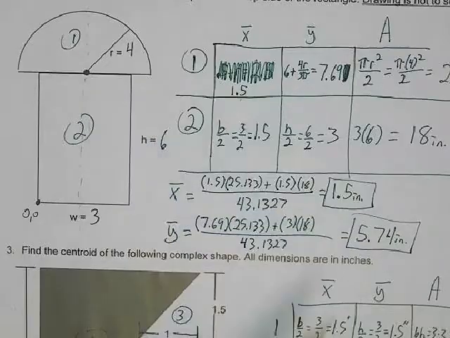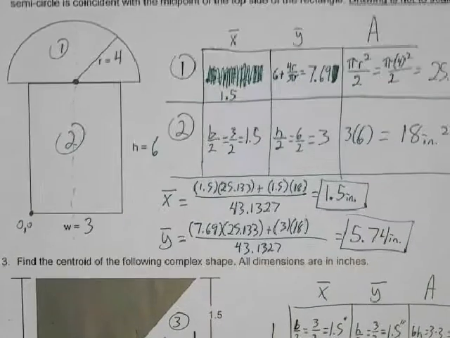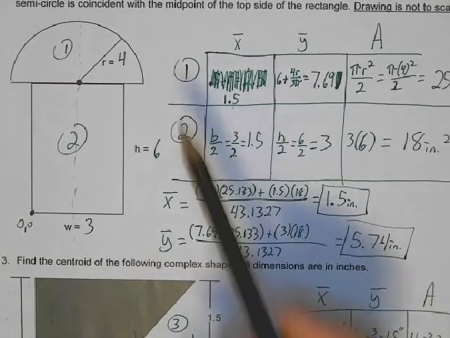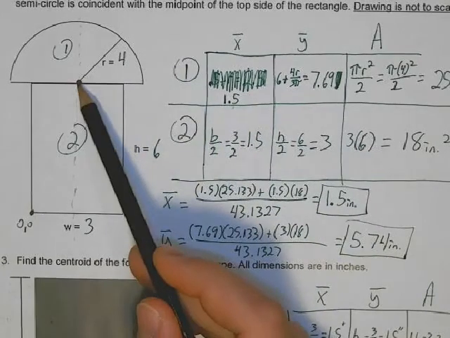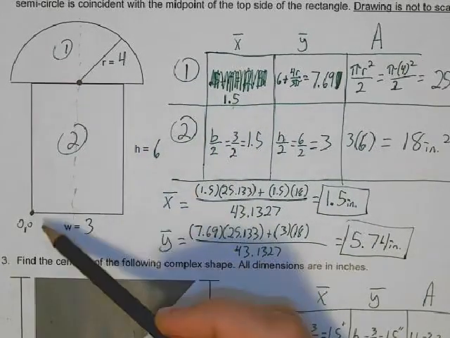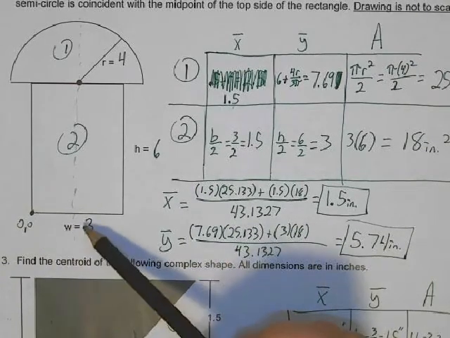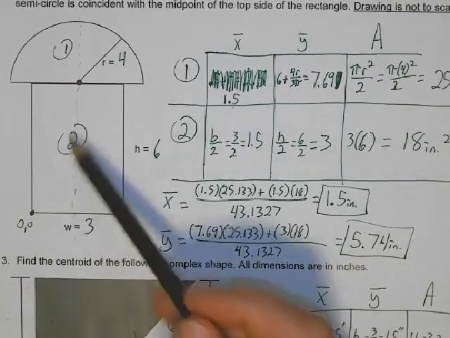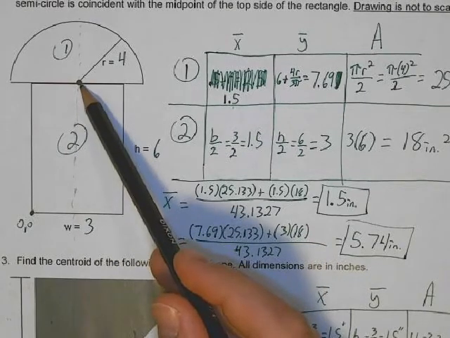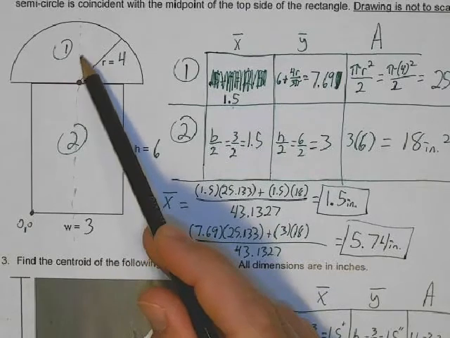My y centroid for my semicircle will be different. So again, I start wherever I'm located at, so I'm going up. The height of this shape is 6. So I'm going up to here, and then I'm going up a little bit further, somewhere in here.